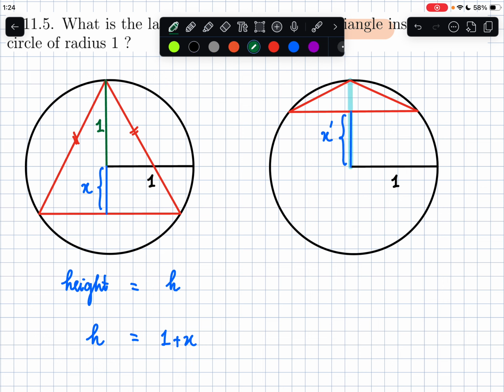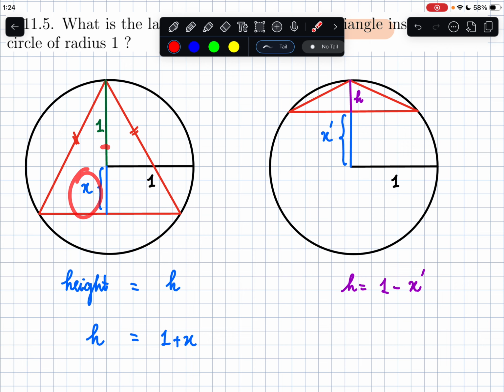This is the radius minus this x prime that gives us the height. So the height in this case is 1 minus x prime. So you imagine this case as if x is negative.